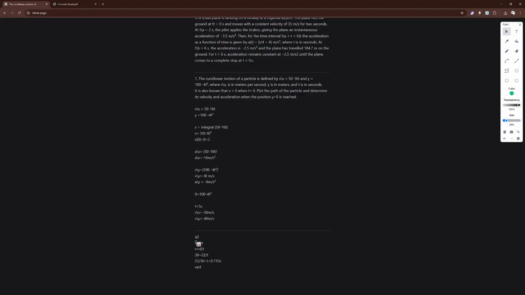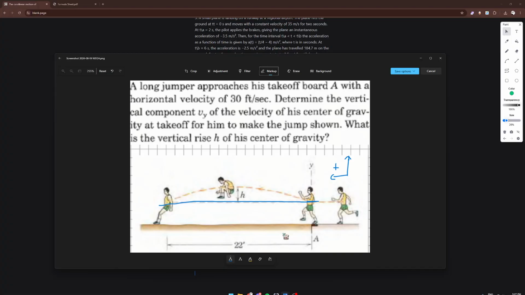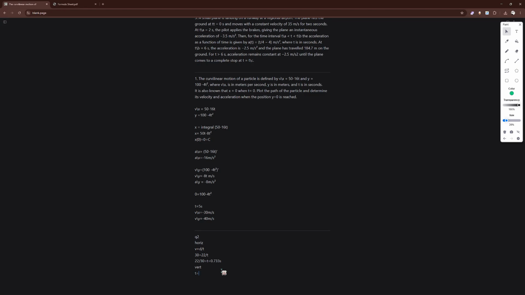So what do we have in terms of vertical information that we can use? We have that we're looking for h. So we're looking for distance. We have time. And we're on Earth, so we have gravity, g, right? So we have t equals 0.733 seconds.